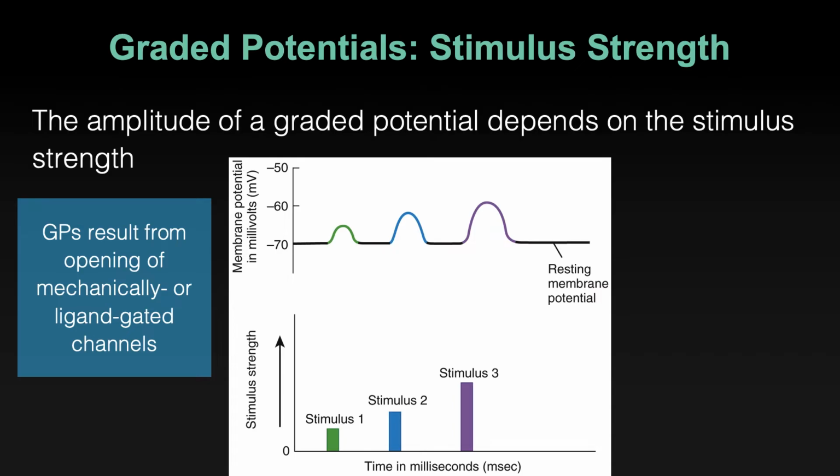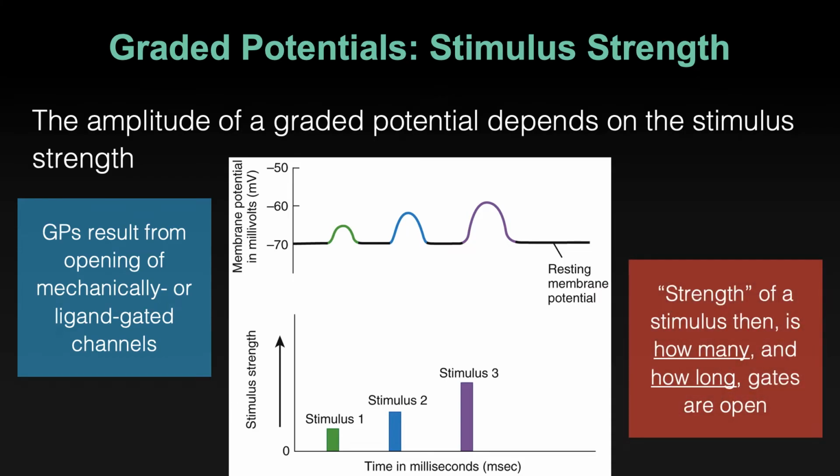A ligand is a neurotransmitter, like epinephrine, or acetylcholine you might have heard of. A neurotransmitter is a ligand, and it will bind to one of these channels and open it up. So, if we want to make the graded potential stronger, there are two things we can do. We can open up more channels, or we can open the channels longer.